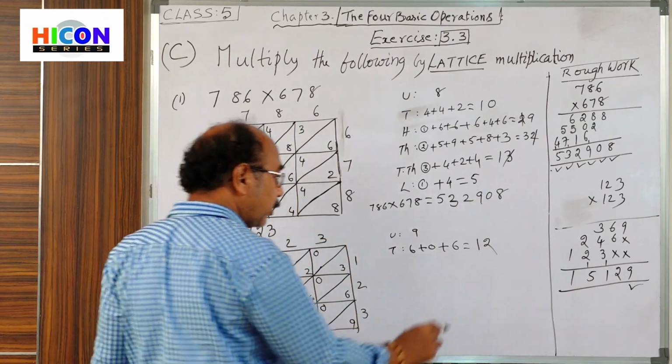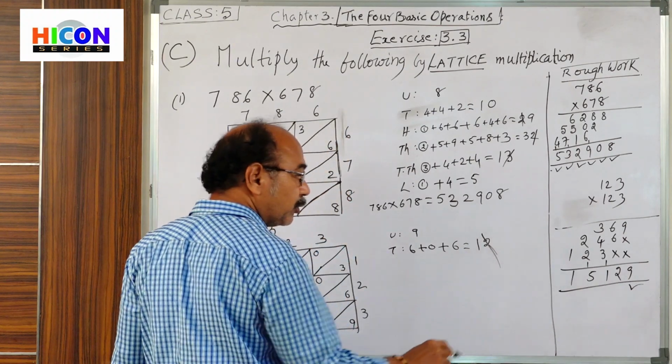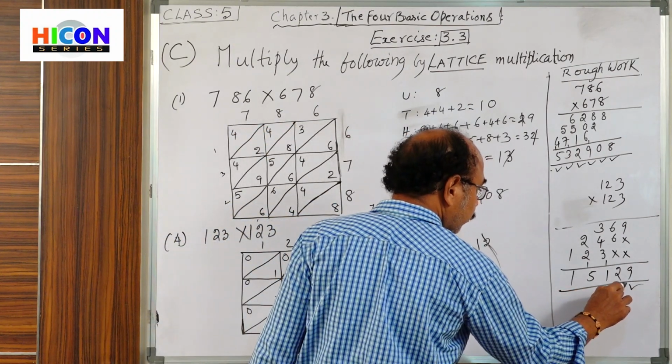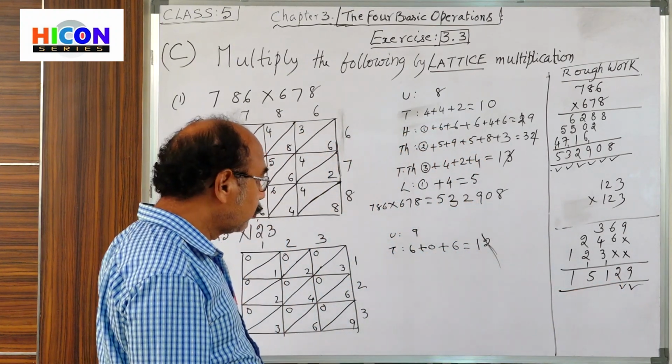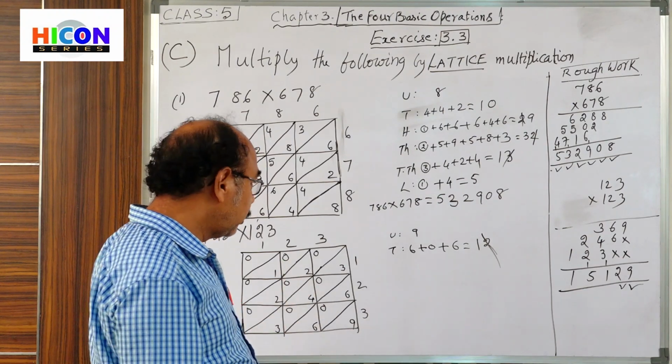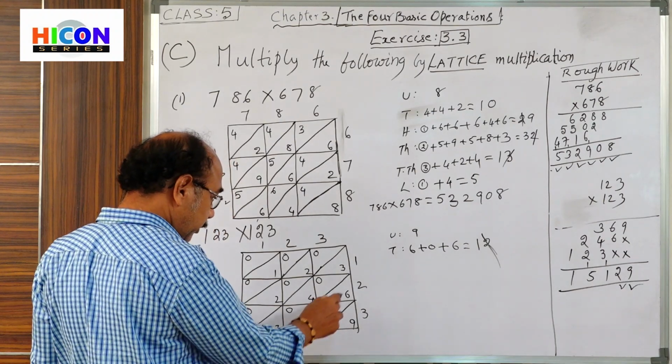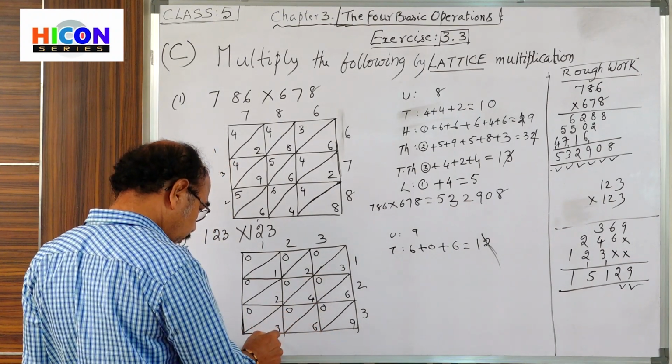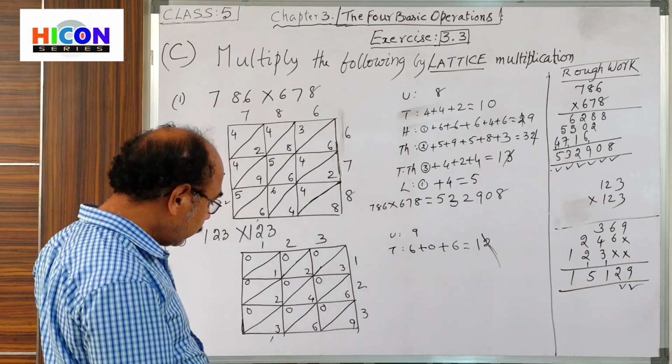That's why we strike off 2. Here we got 2. One is carried to the other diagonal.